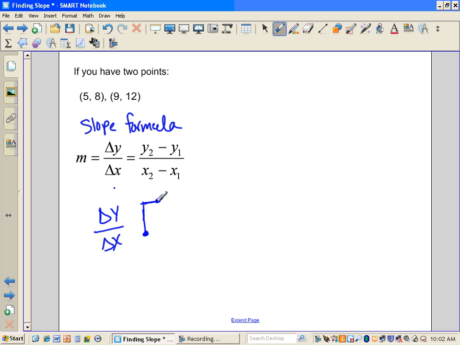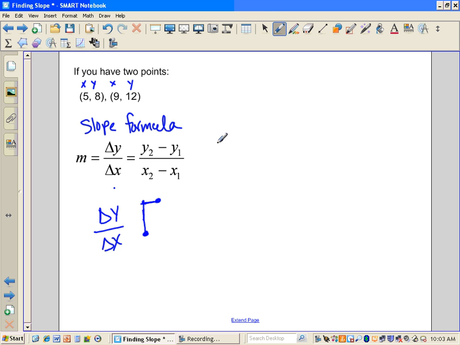And then to find the run, how far am I going from here to here? I just need to find the difference in the x values. So I'm going to subtract the x values. Let's show what this looks like with these actual numbers. Remember, we always have x and y and x and y. Now the 2 and the 1 are just reminders that we're going to take the second one and subtract the first one.